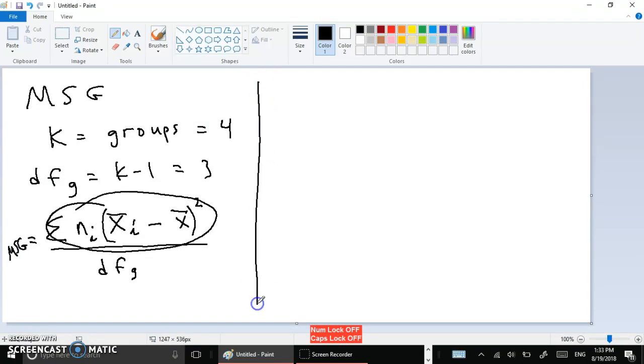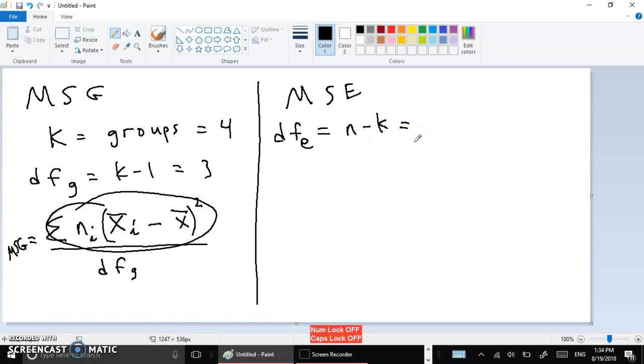Now let's go back to our paper and take a look at the denominator, the mean square of the errors. First of all, let's look at the degrees of freedom of the errors. The reason it's called errors is because it's like deviation in a way, but they just call it errors, so we'll just go with it. The degrees of freedom is n minus k, where n is the number of data points all together, all the groups combined, minus the number of groups.